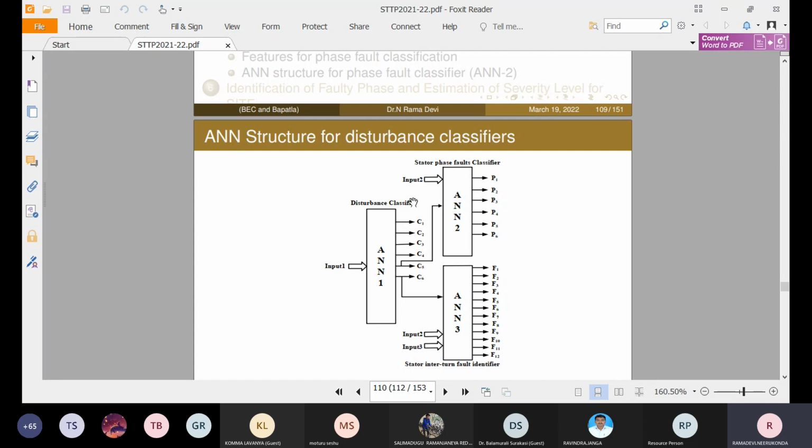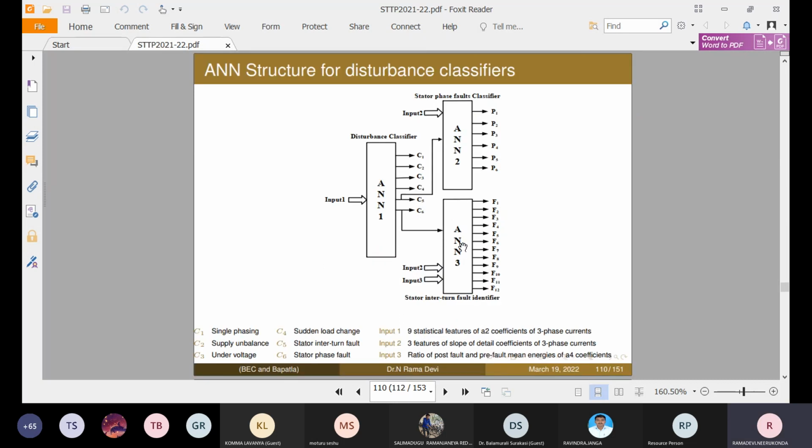Total disturbances considered in this method is 6. C1 is single phasing, C2 is supply unbalance, C3 is under voltage, C4 is sudden load change, C5 is stator interturn fault, C6 is stator phase fault.